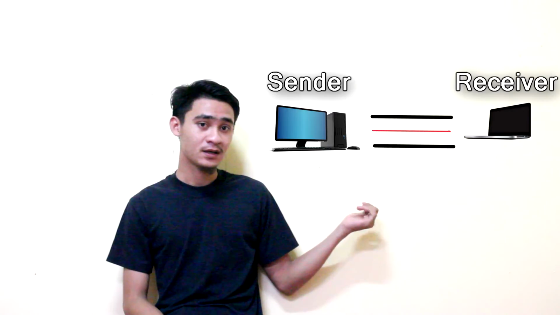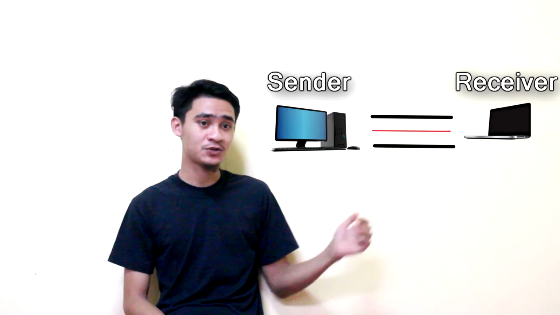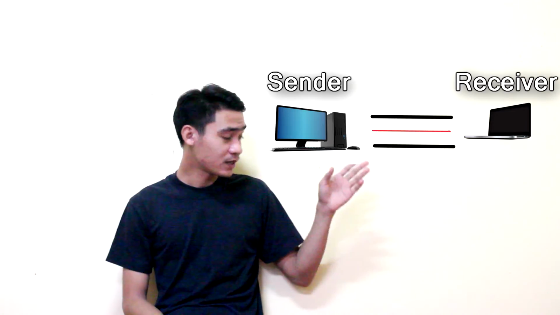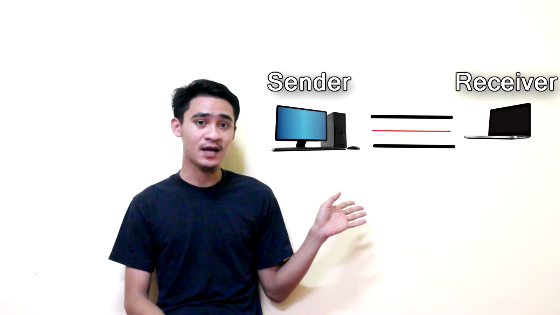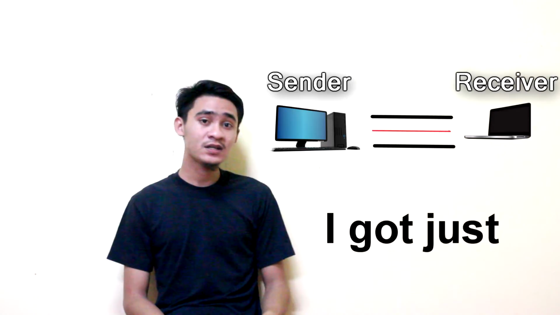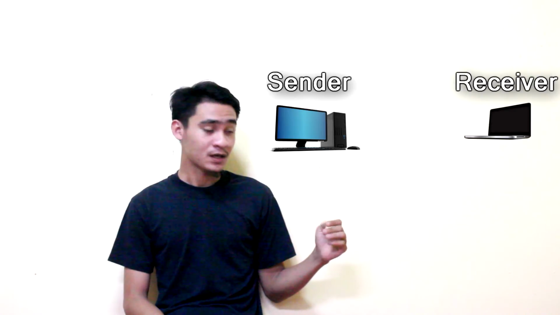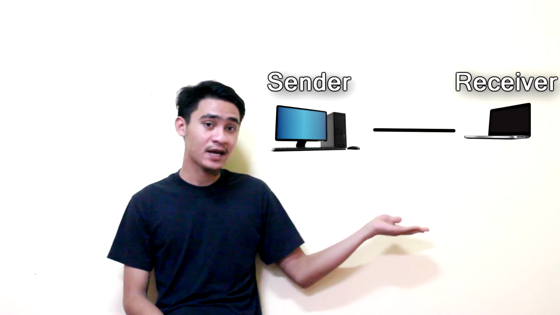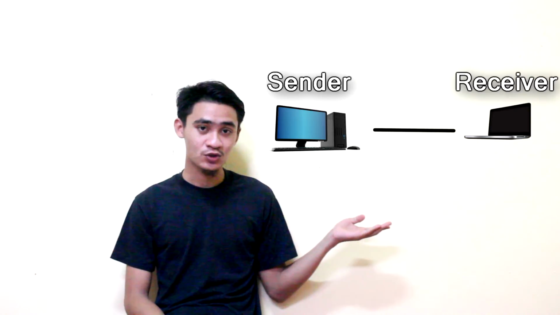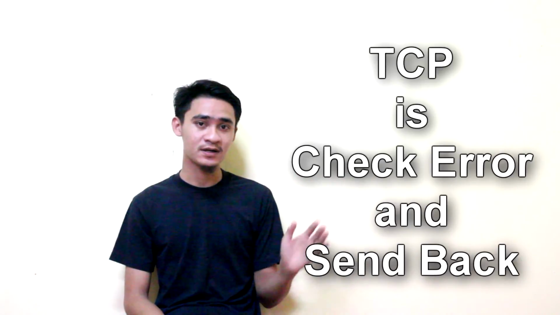Along the way, we have a problem with data set 2. The receiver asks back to the sender, hey, I got only data set 1 and set 3. So the sender will send data set 2 again to the destination. This function of TCP is about checking the information for errors.